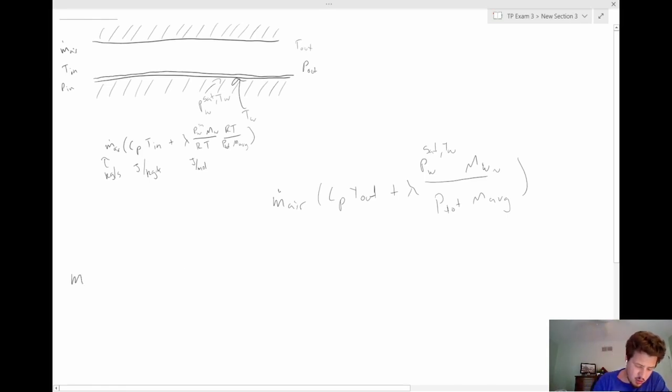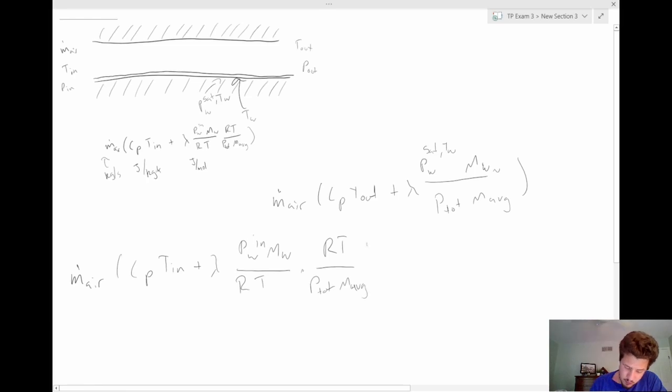The molar flow rate of air entering the system times the heat capacity times the temperature in, plus the heat of vaporization multiplied by the partial pressure of water going in, multiplied by the molecular weight of water over the gas constant times the temperature. Then we have the gas constant times the temperature times the total pressure times the average molecular weight.